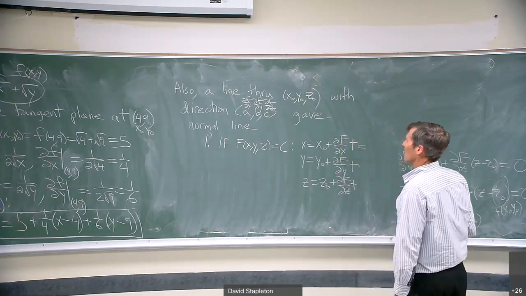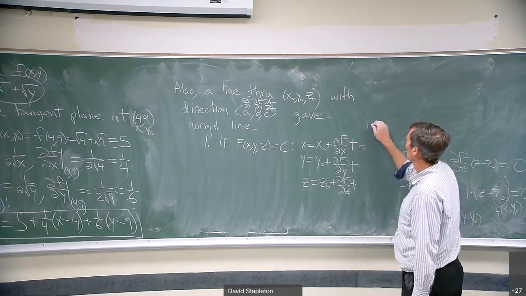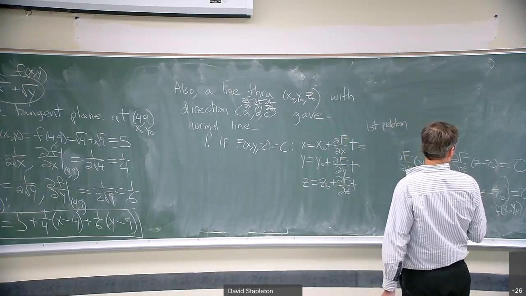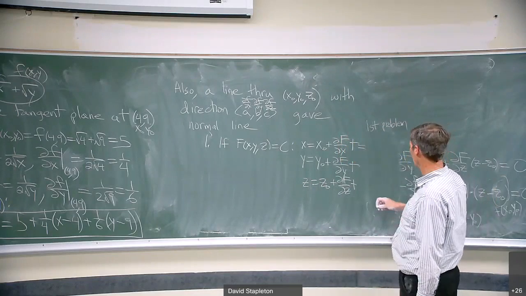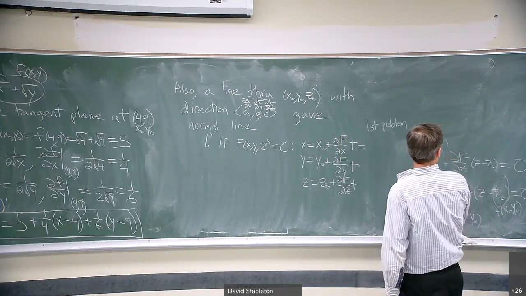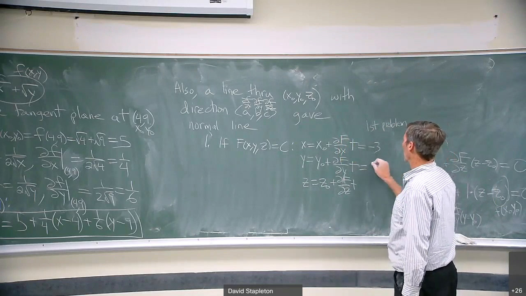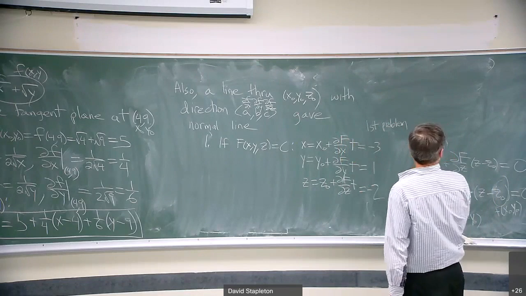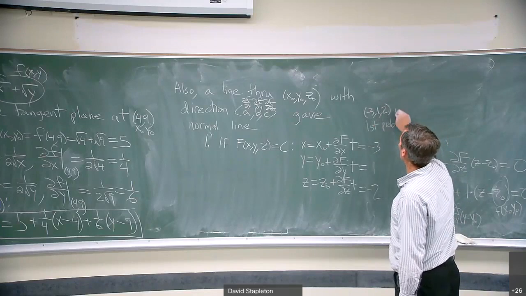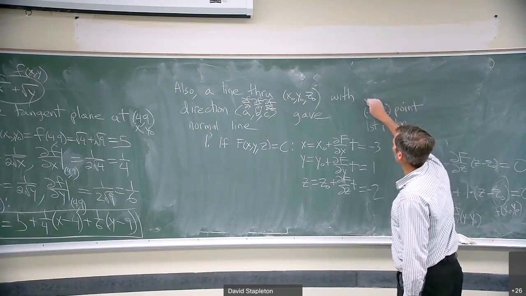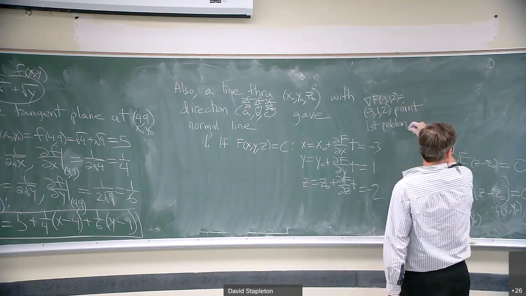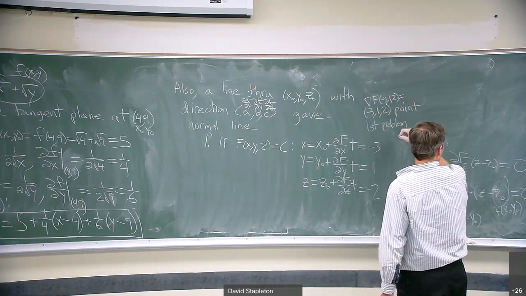And in the first problem that we did, the gradient was minus 6, 9, 16. So we simply plug in, and the point was minus 3, 1, minus 2. We had the point, and the gradient at the point was minus 6, 9, 16.